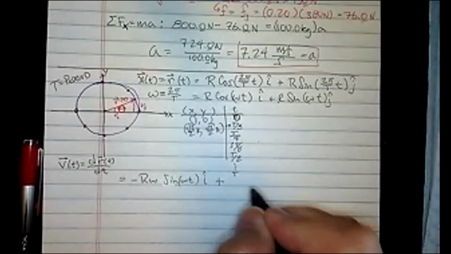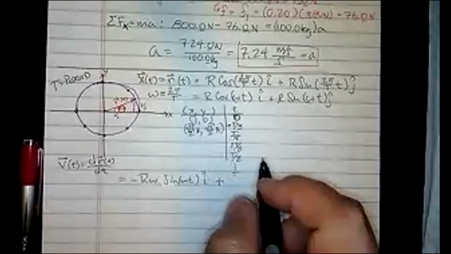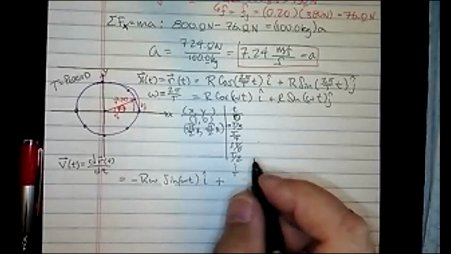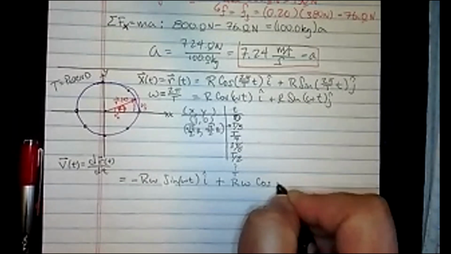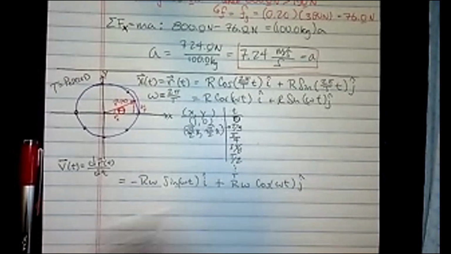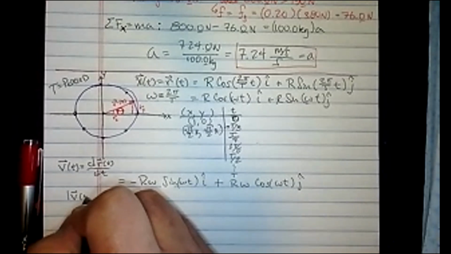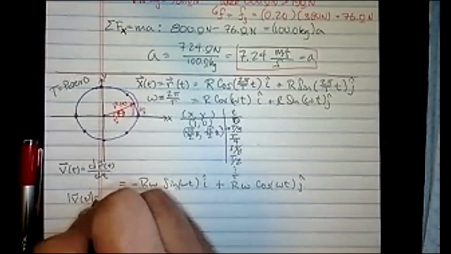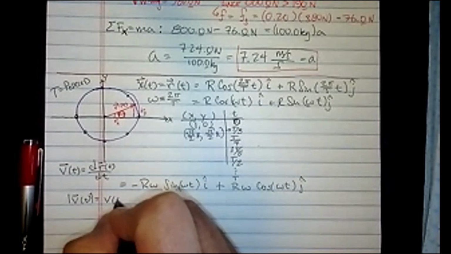Now, what's the derivative of r sine omega t? R omega cosine of omega t. Yep. So r omega cosine omega t. Now, here's the neat thing. If I calculate the magnitude of v of t, I get just plain v of t.